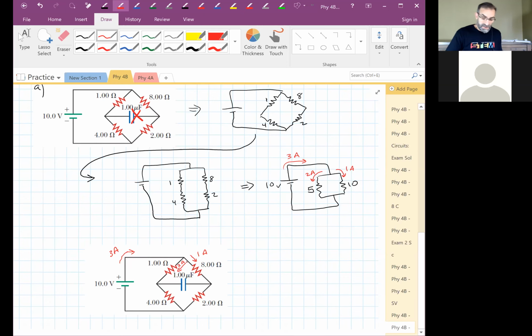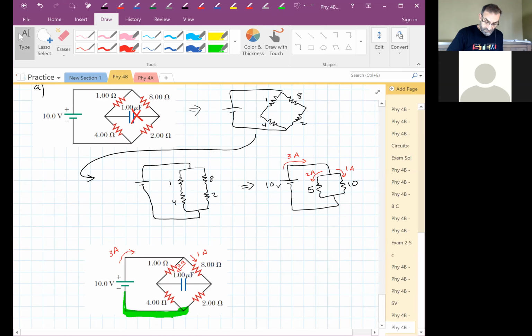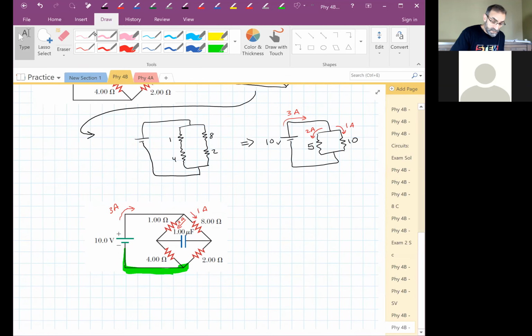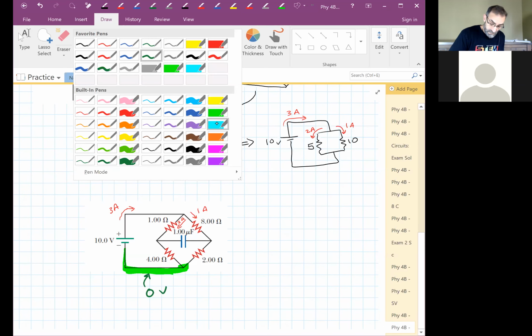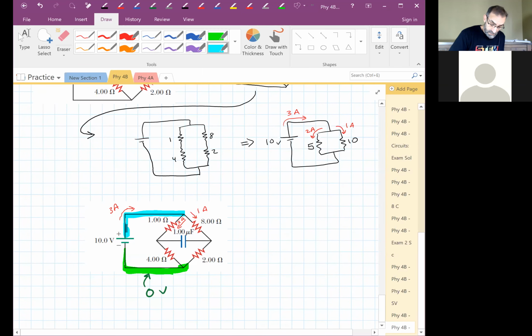You got the potentials figured out now? Let's call this 0. Then this is 10. So the question is, what is this?